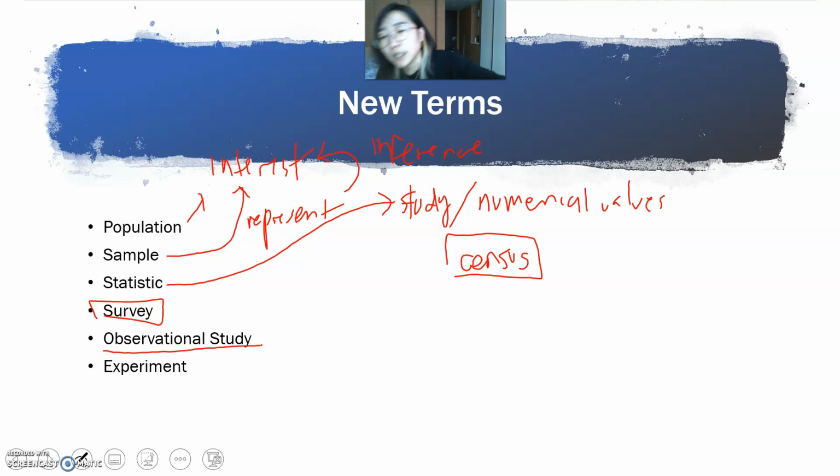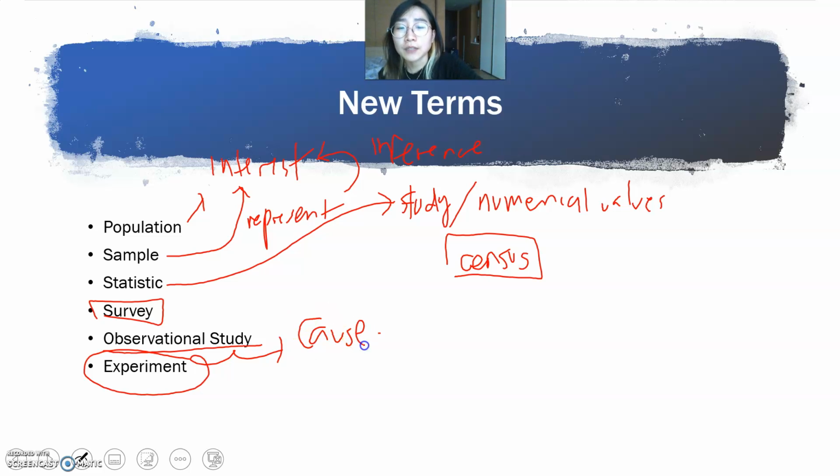Experiment is actually what scientists want to do because experiment is the only thing that you can use to establish a cause and effect relationship. So you know how people often say that smoking, for example, you cannot say smoking causes cancer.